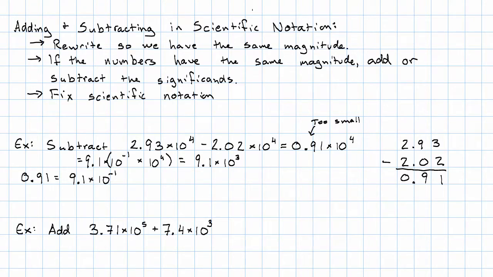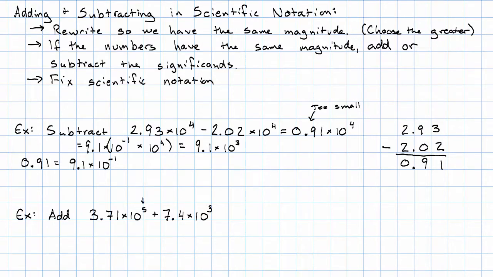Now, we can pick whatever magnitude we want for this, but we'll have less fixing of our scientific notation to do at the end if we always choose the greater magnitude that appears in the problem.